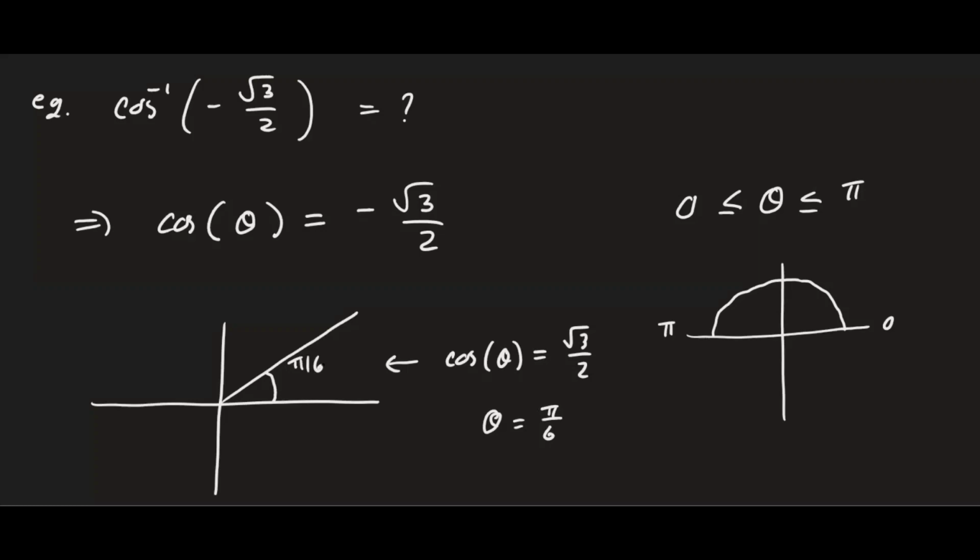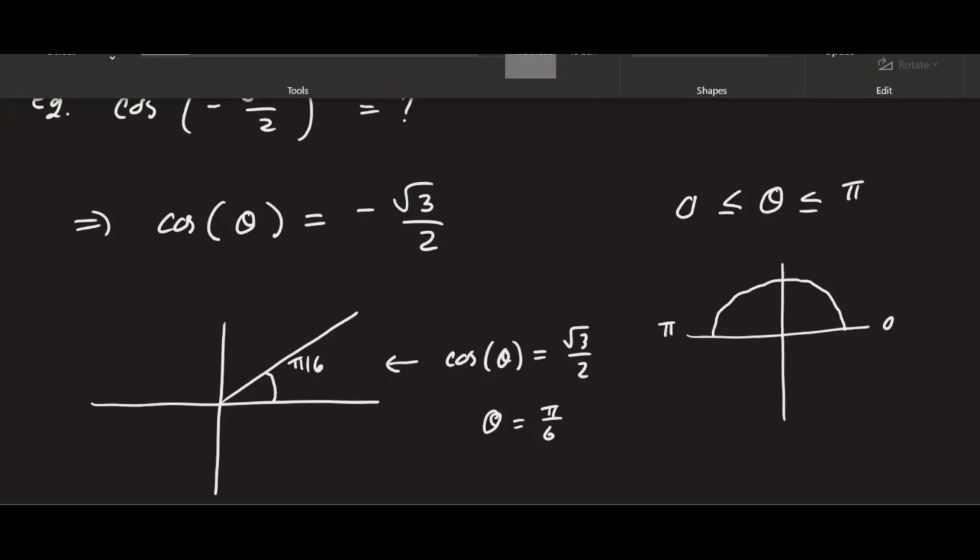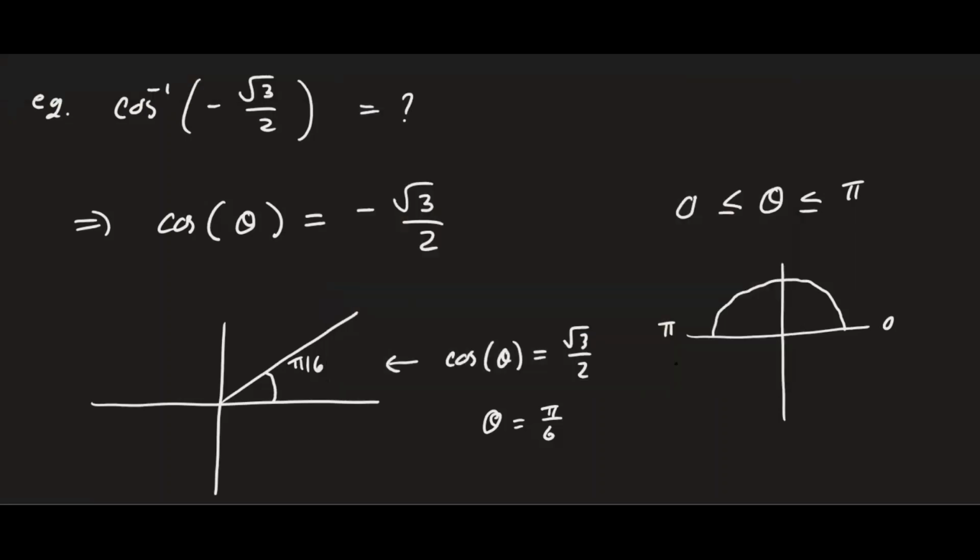But we want the answer to be negative square root of 3 over 2, which means we can go to the second quadrant, because in the second quadrant cosine is negative. So we're looking for this angle, because this theta will give us negative square root of 3 over 2.